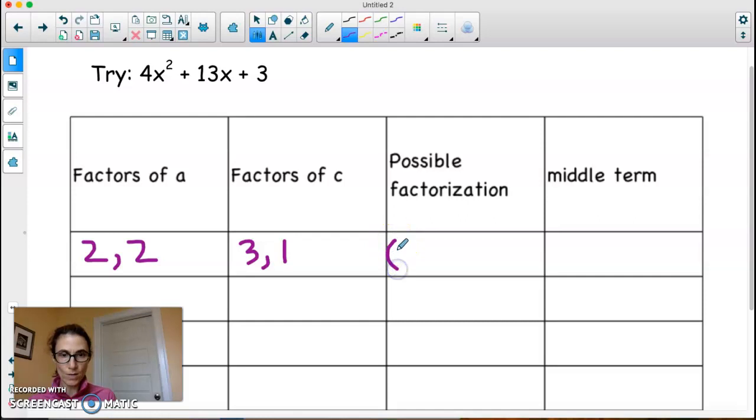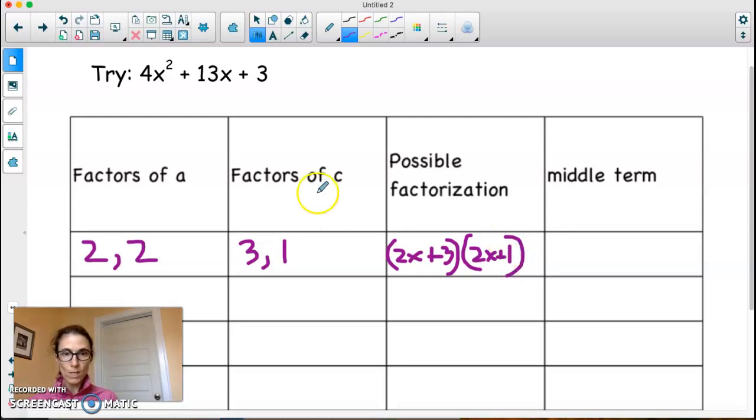You start with 2x, right? This time when we're doing our factors, we're going to have a coefficient in front of x. So 2x plus 3 and then 2x plus 1.